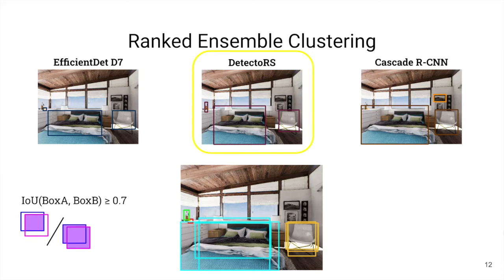In this case, Cascade RCNN hasn't detected the bottle, and so doesn't have any detections that can be clustered. We then move to the last remaining detector, Cascade RCNN. While Cascade RCNN has one detection of the photo frame that hasn't been clustered, it is our worst performing detector, and so we simply discard any detections that haven't been associated.